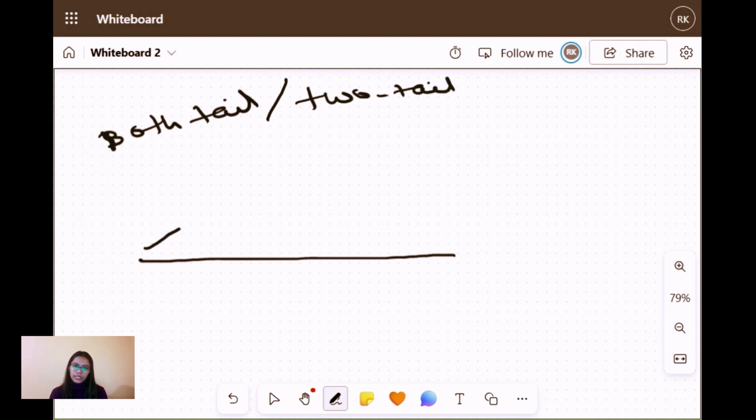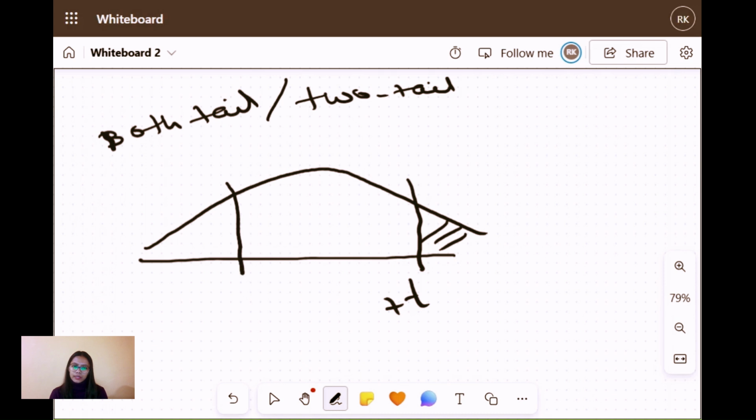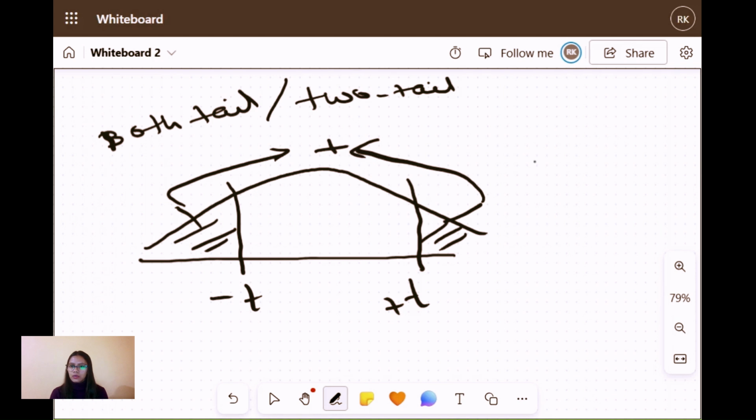For two tail, what we have discussed is that the positive right side area and the negative left side area, the sum of these areas is considered as the p-value.